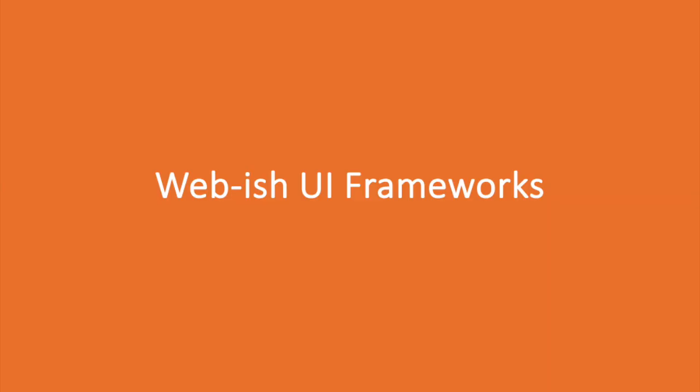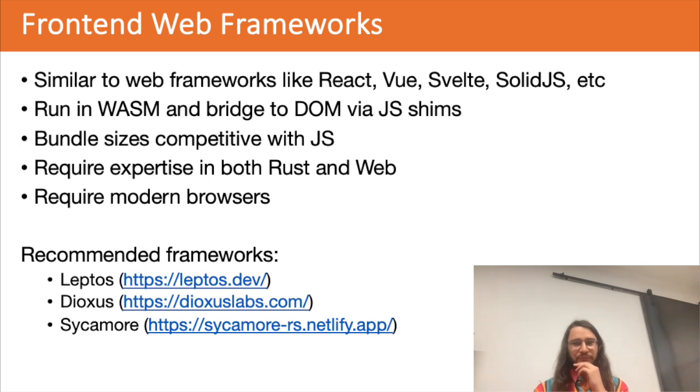Okay, so this section has a bunch of UI frameworks that are a bit web-like, starting with some actual web frameworks. These are used to render to a literal web browser like Chrome or Firefox. They run in WebAssembly, or WASM, which doesn't have access to the DOM, but there are libraries like wasm-bindgen, and there's one whose name I can't remember that has bindings for all the DOM APIs auto-generated that they use.